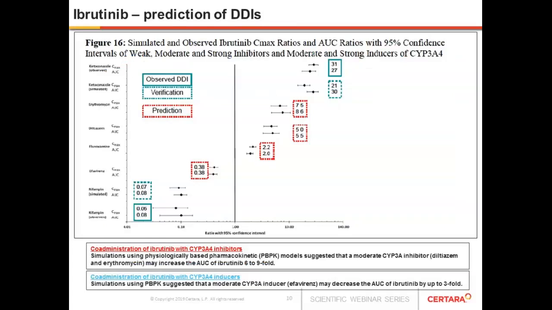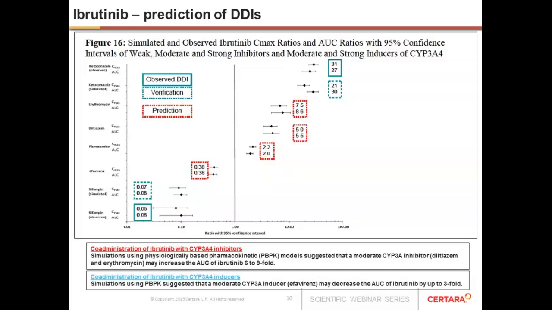If you look at this figure, which is taken from the FDA summary, the clinical studies are in this turquoisey green color, and the solid line represents an observed DDI. The dashed lines represent their verification using PBPK. Essentially, they were able to verify their model in terms of the ketoconazole interaction and the rifampicin interaction.